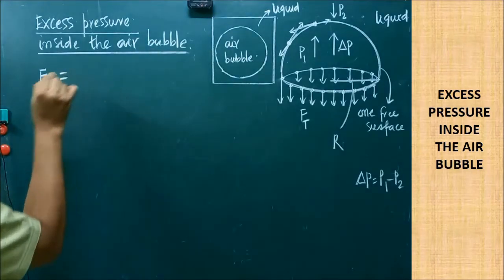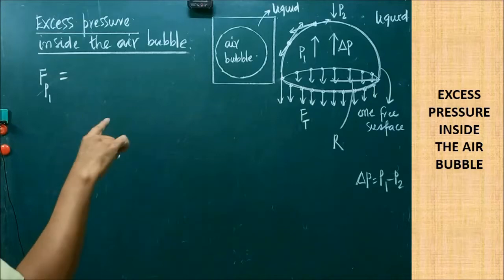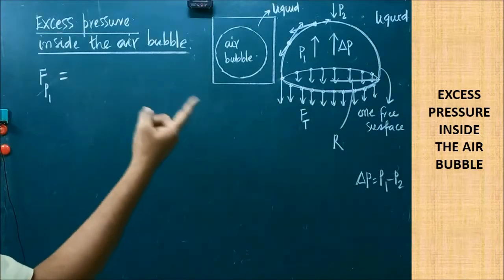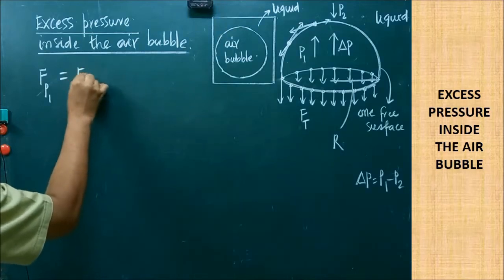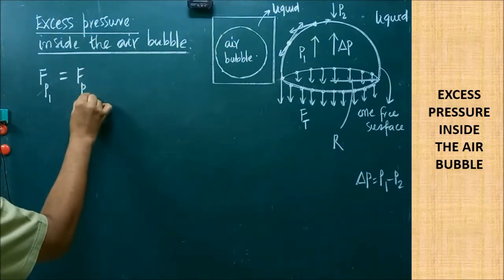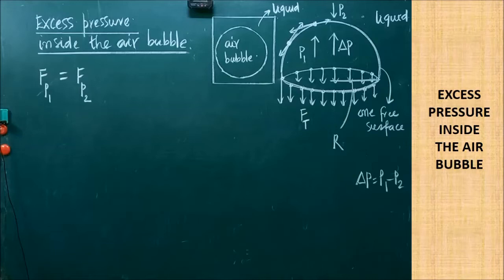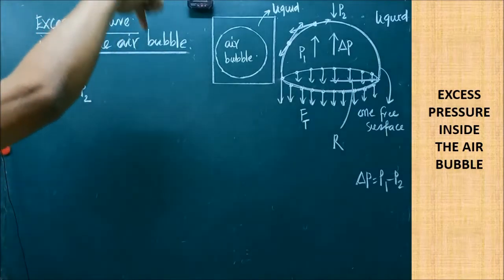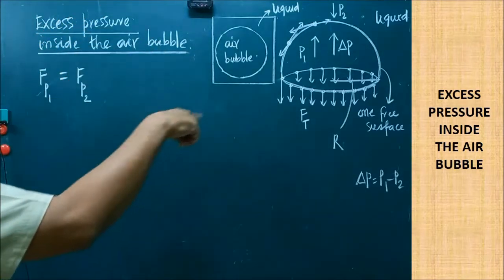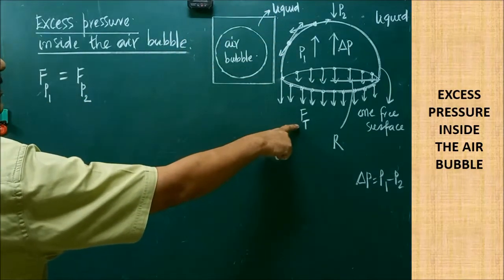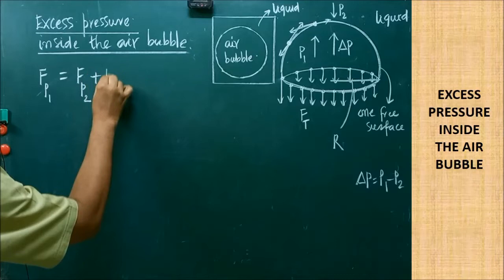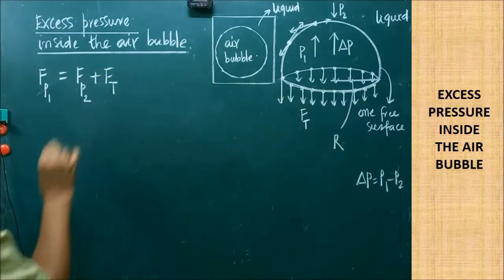That one will be equal to the sum of the other two forces. What are the other forces? Another force is due to P2, and it can be written as Fp2. That is acting downward, on the surface. In the same direction as P2, the force due to surface tension is acting. Therefore, Ft can be written.